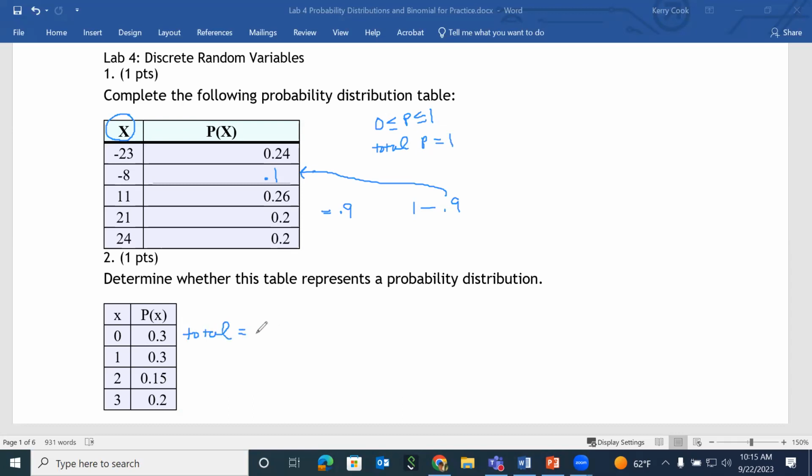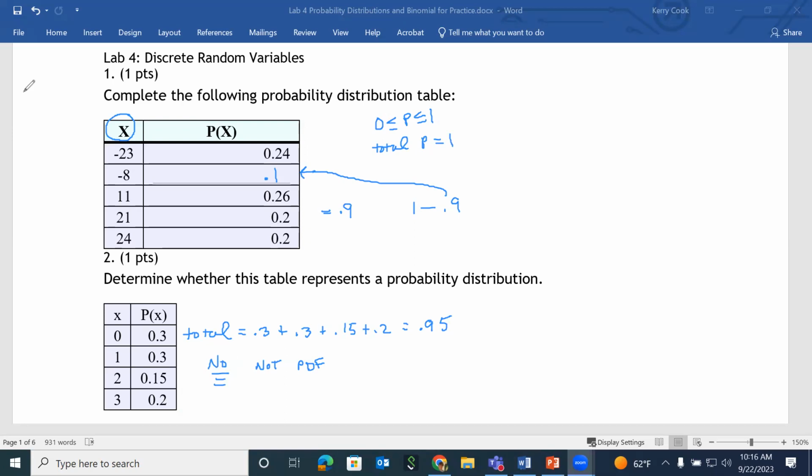If we add 0.3 plus 0.3 plus 0.15 plus 0.2, the total is 0.95. Does this, as written, represent a probability distribution? We would have to conclude that no, it's not a PDF, because it doesn't include an outcome. There's the other 0.05 that hasn't been represented. A true probability distribution must add up to 1.